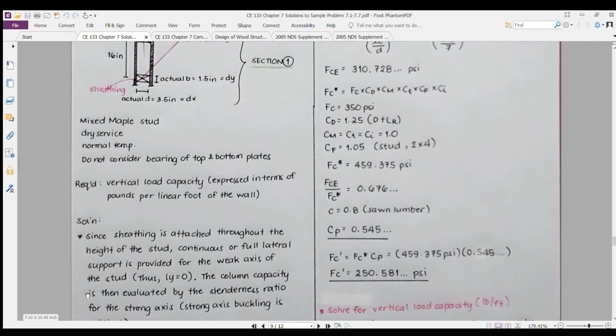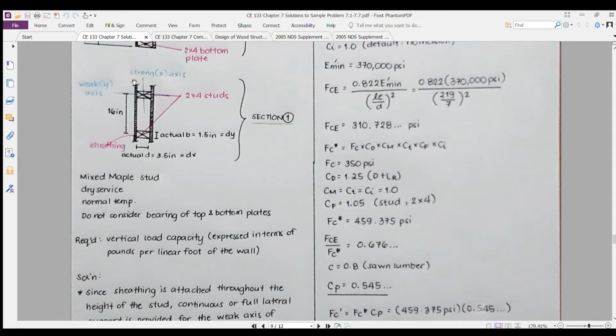So we have here the sheeting. When we have considered sheeting, then the bending about the axis perpendicular to the sheeting is neglected. In our case, since we have sheeting here, the perpendicular direction is this one.